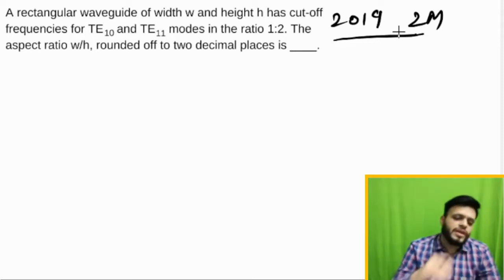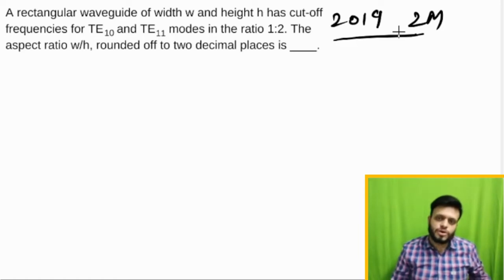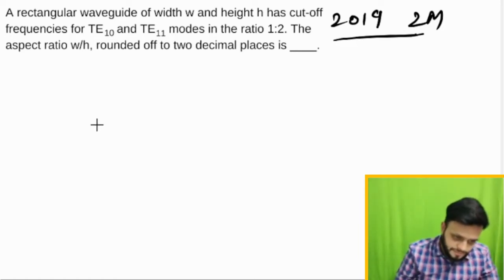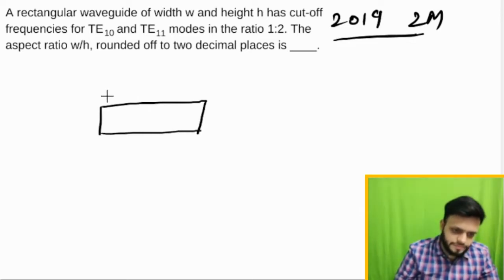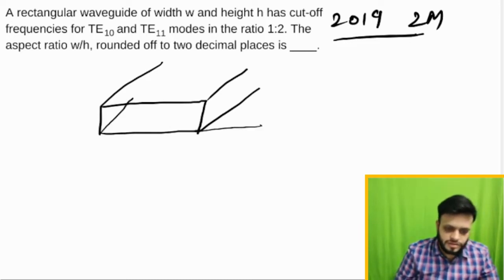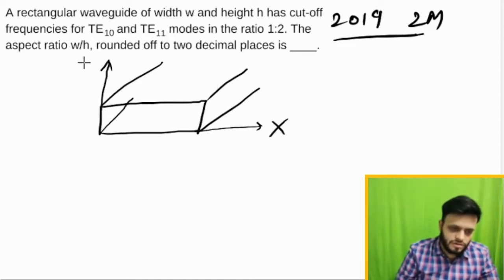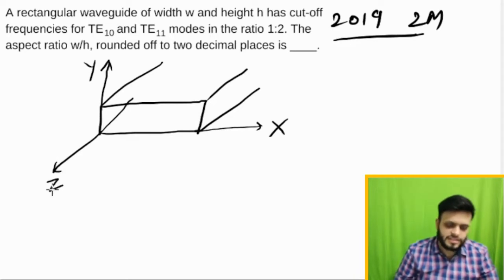So here let us first draw the rectangular waveguide. I will just draw a rectangular waveguide very quickly and then we will discuss. So let us consider this is your rectangular waveguide. This is your x-axis, this is your y-axis, and this is your z-axis.